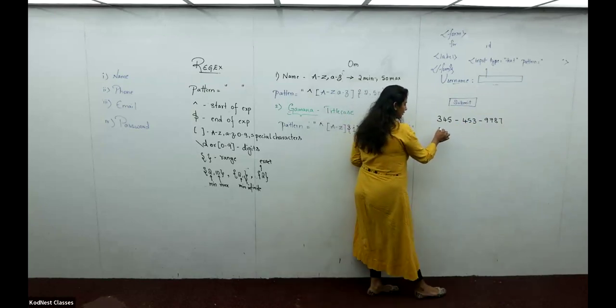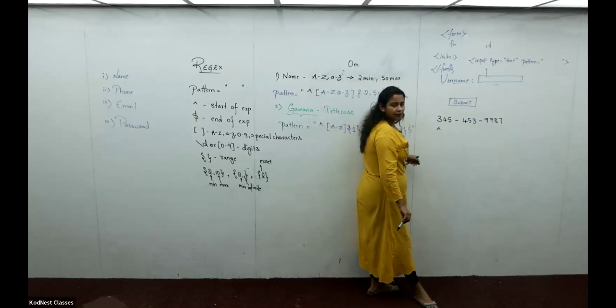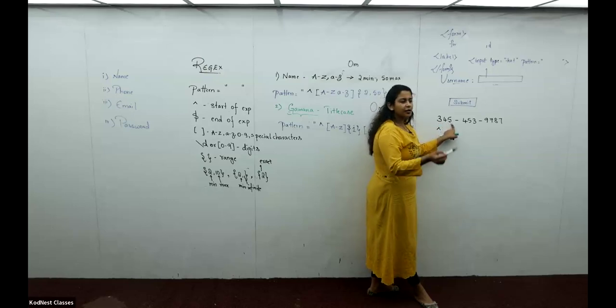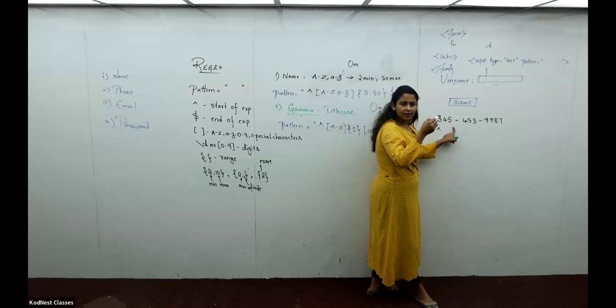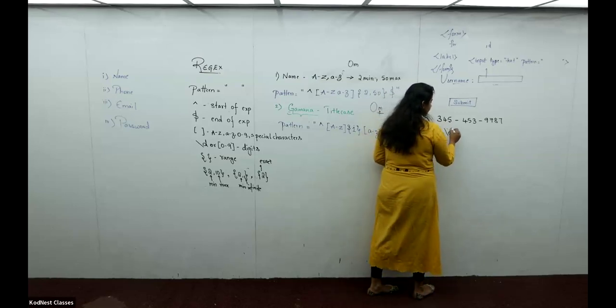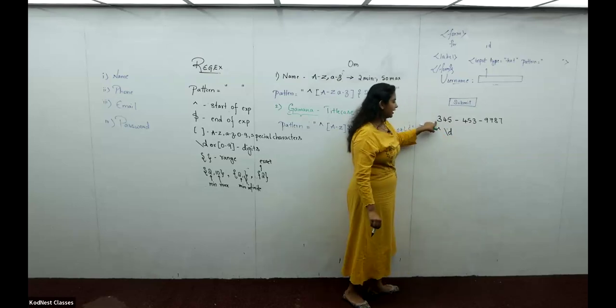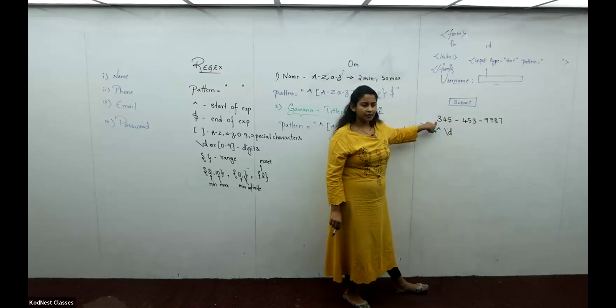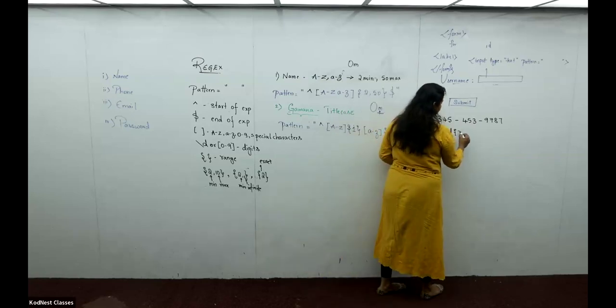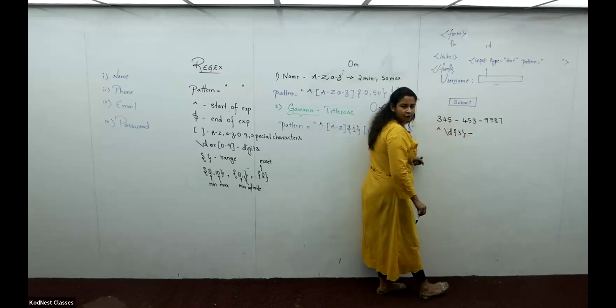Starting of the string, then I'm giving completely digits. So I can make use of square bracket or slash d. Over here, I'll be making use of slash d. Exactly or minimum maximum? Exactly. So I'll just give exactly 3 digits separated by hyphen.